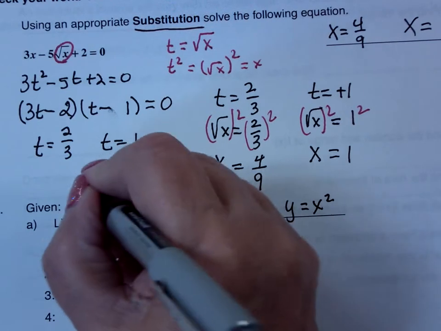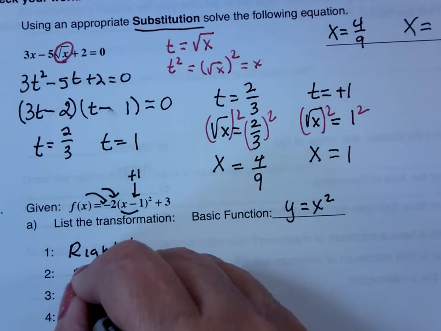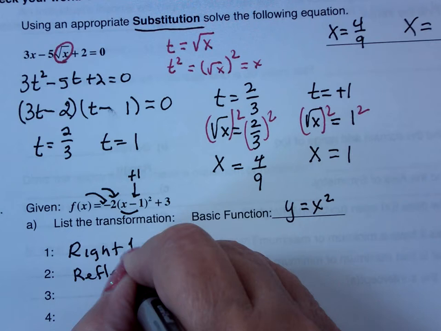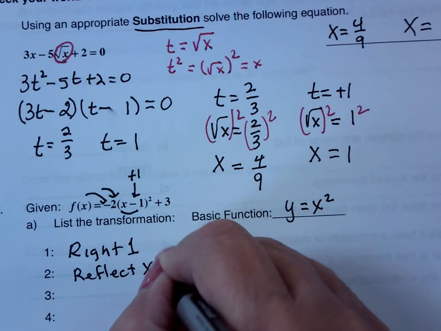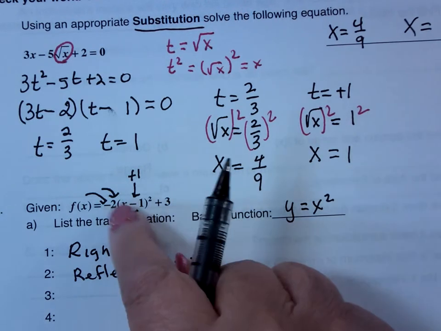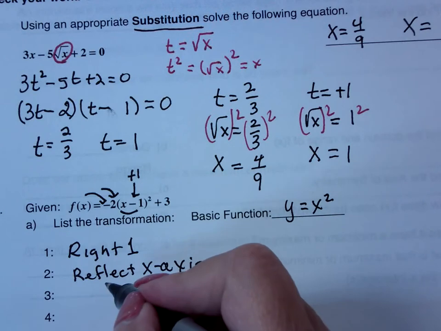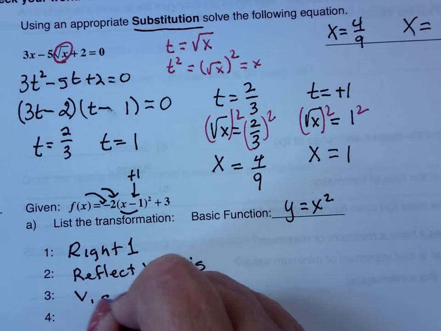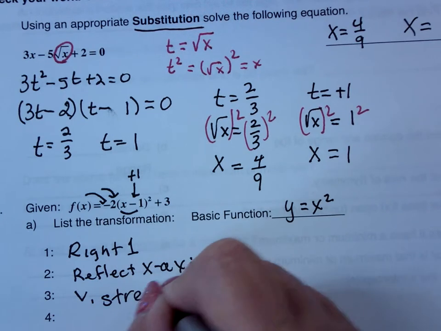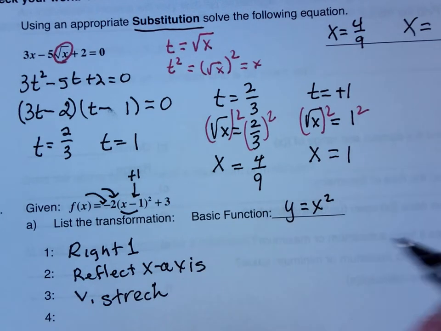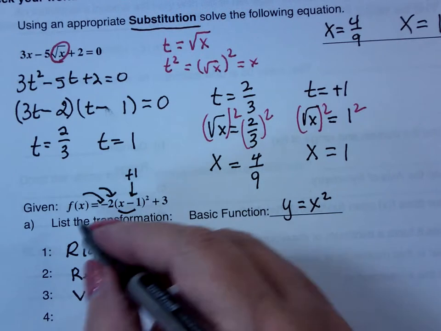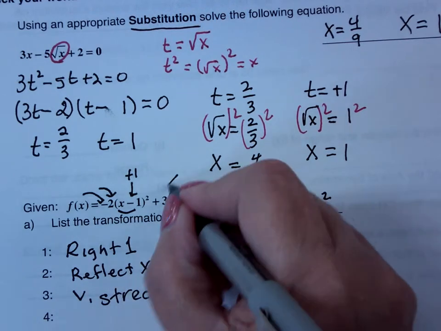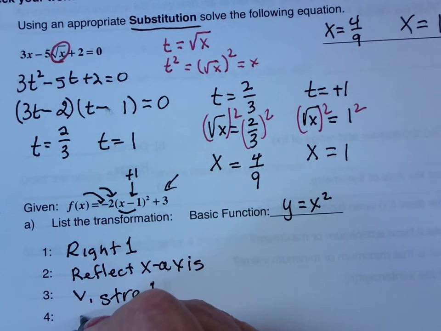The minus is a reflect over the x-axis, and the plus 2 is what? It's a vertical stretch. And then I look, I've got a plus 3 is up 3.